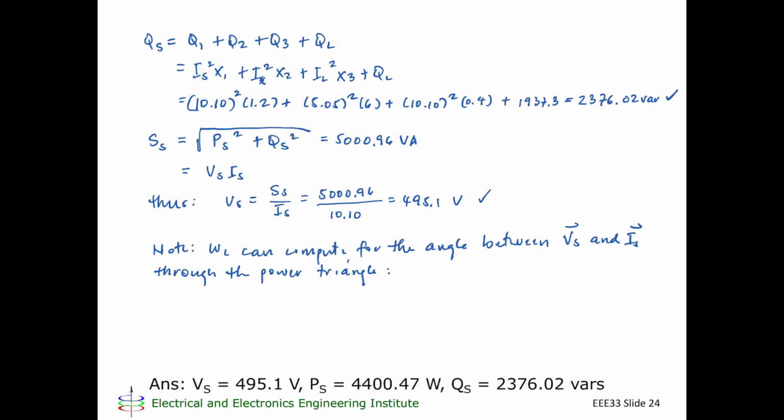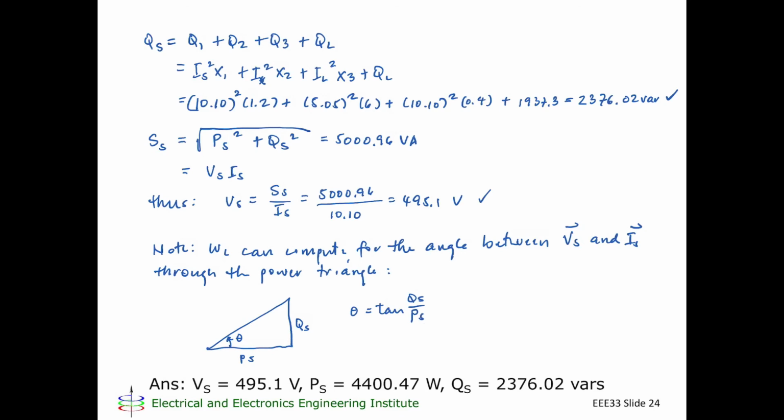Because I know P sub s, I know Q sub s, so theta is the tangent inverse of Q sub s over P sub s.